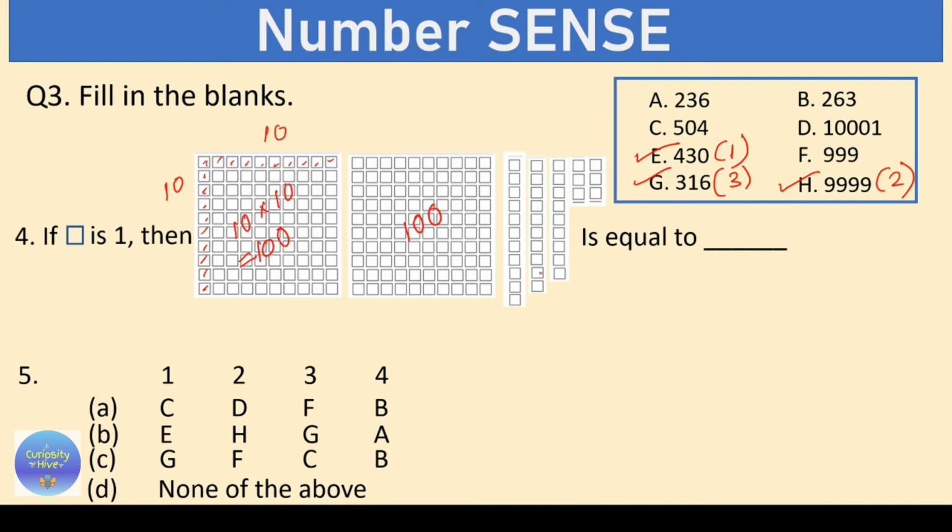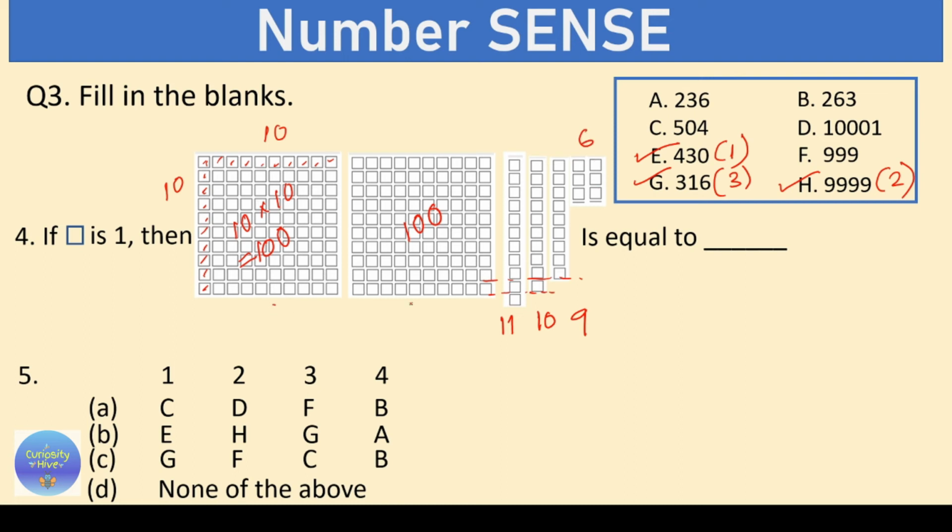Now let's look at the next row. Now the way you need to see, if you just plot a line here, there's just one block extra. That means this is 11. Here it matches exactly these blocks. That means this is 10. And this is one block less. That means it is 9. And here we have 3 plus 3, 6 blocks.